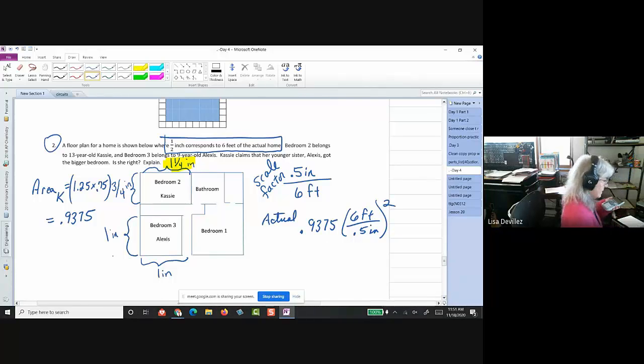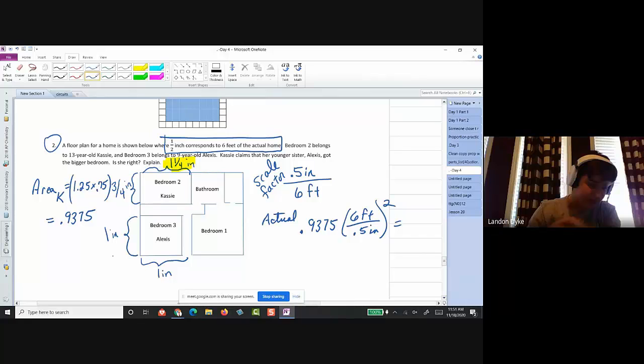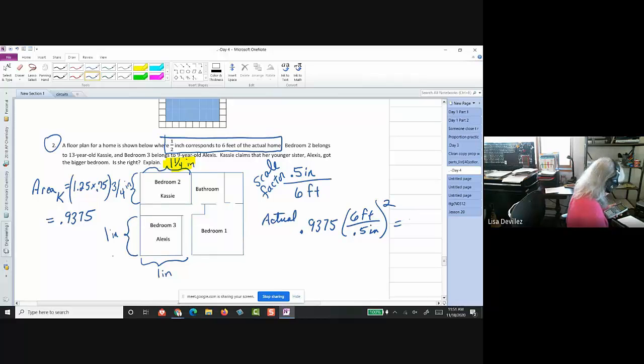We'll see if we get the same thing. We'll do it both ways. So 6 divided by 0.5, squared, times 0.9375. I got 135.